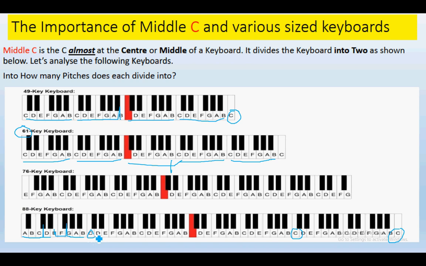For the 76 key, they just cut these keys here, 1, 2, 3, 4, 5, 6, 7, then they start from here. Anyway, you can pause the video and group how many groups. But obviously you know that the 88 key is grouped into 8. So let's write on.